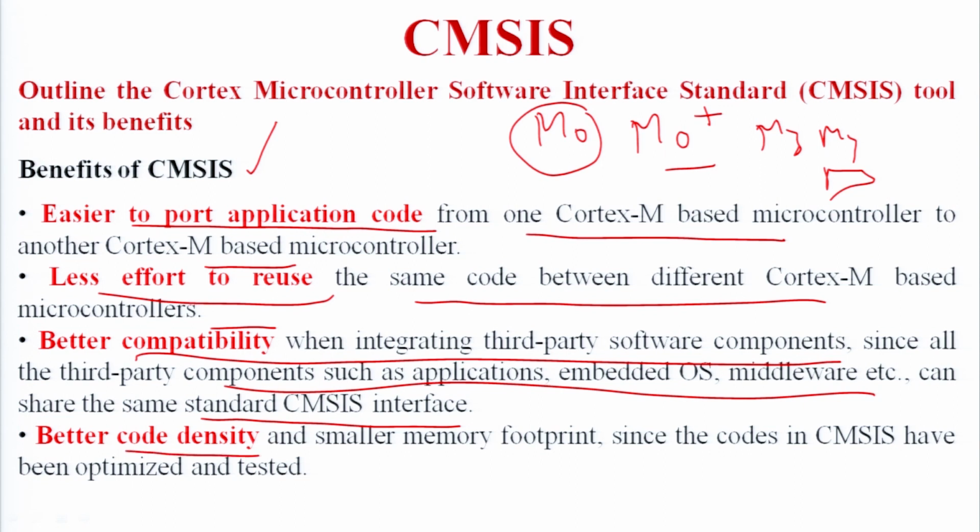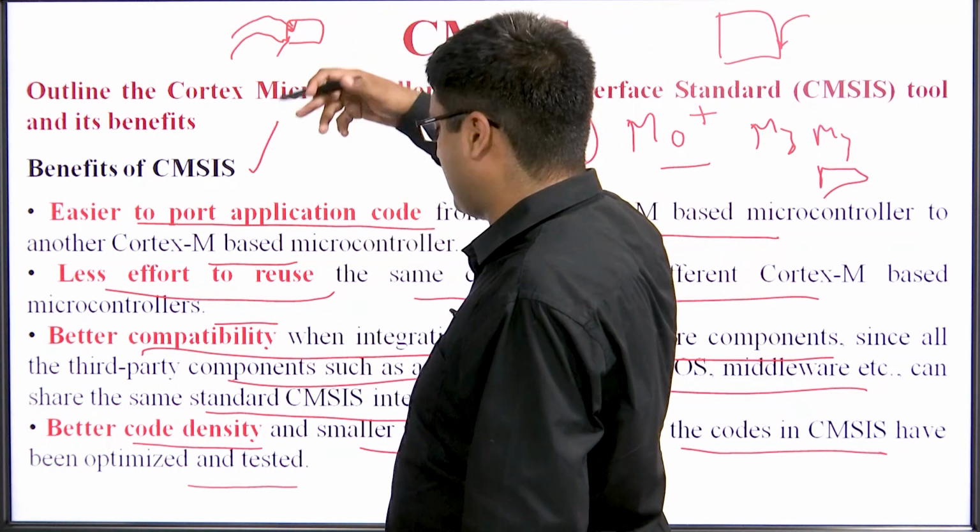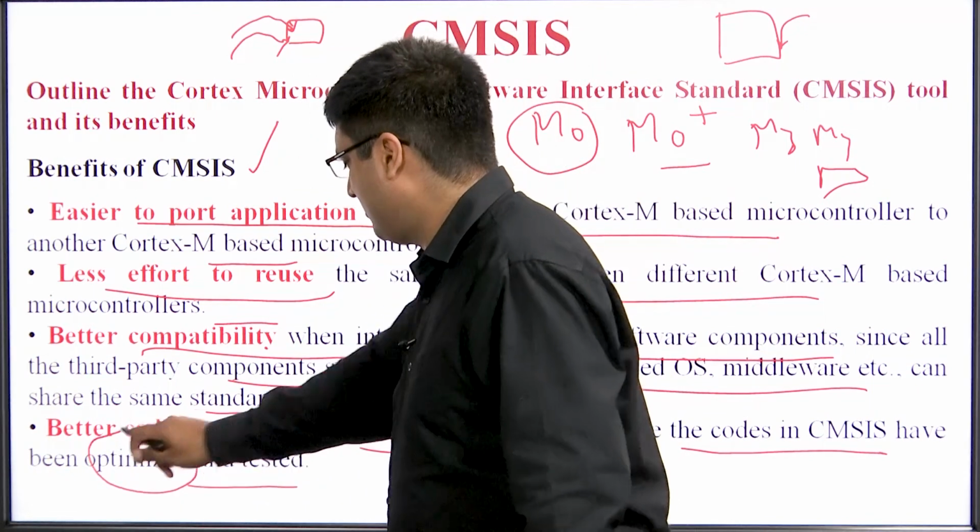Better code density means that in a small code, various types of instructions can be executed. Code density means that in a small memory area, more functions and more types of instructions can be executed, with a smaller memory footprint, since the code in CMSIS has been optimized. All the instructions used in CMSIS are optimized and tested.